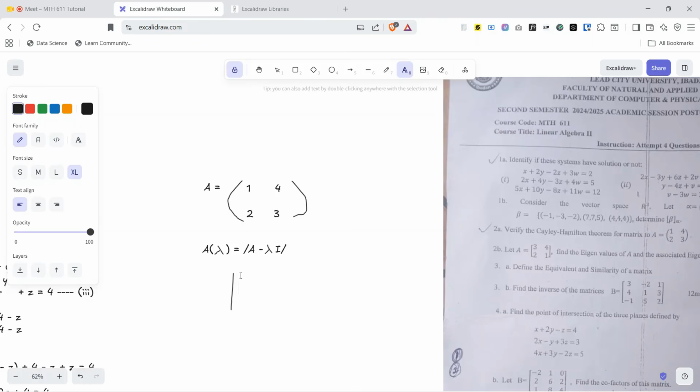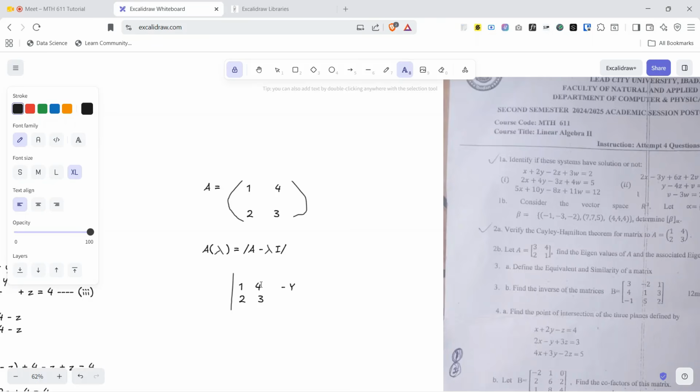Okay, just permit me. This is supposed to be in brackets. 1, 4, then 2, 3, minus this sign.